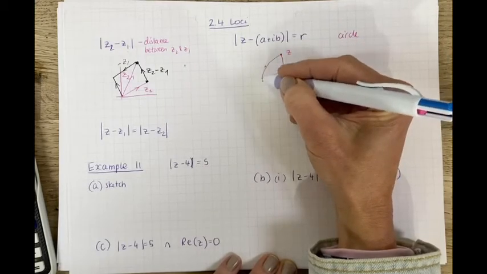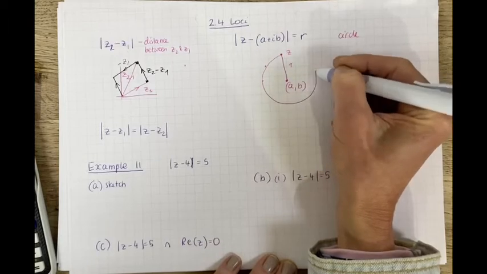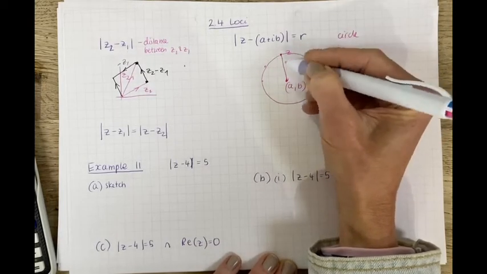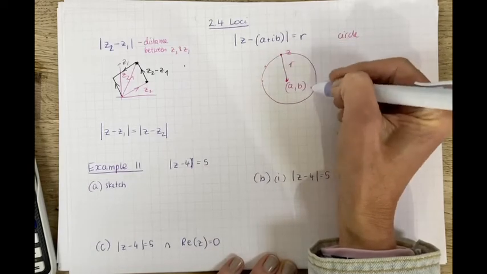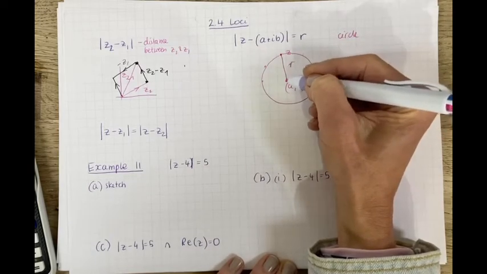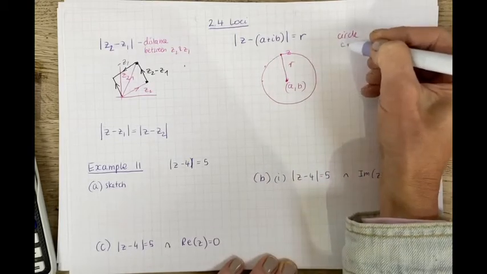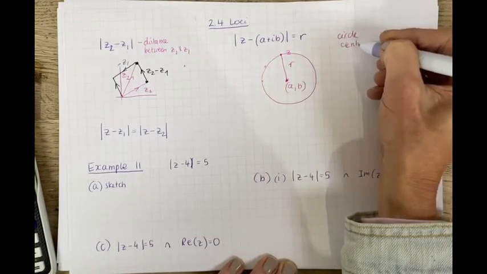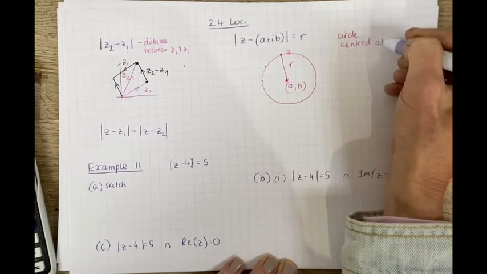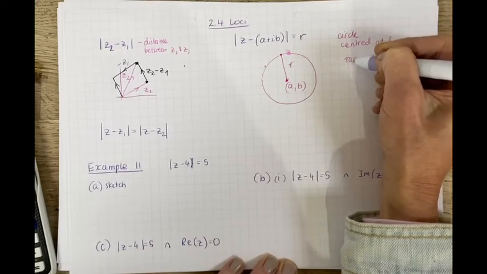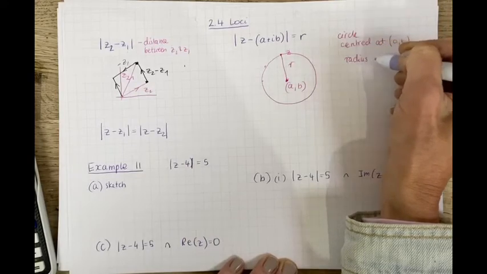So it could be a circle. There you go. Okay. So the distance between any point on that circle and this point is always fixed at r. Circle centered at (a, b), radius r.